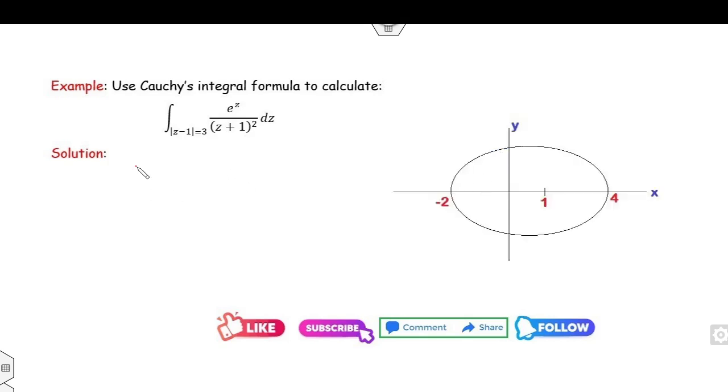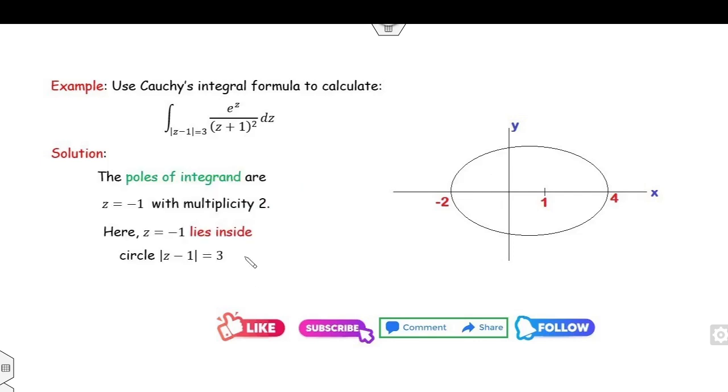Fine. Can you find the pole? Pole will be (z plus 1) whole square is 0. That means z is equal to -1 with multiplicity 2. Now you can check where it lies. -1 lies inside the circle. Fine. And once it lies inside the circle, how can you write this formula?